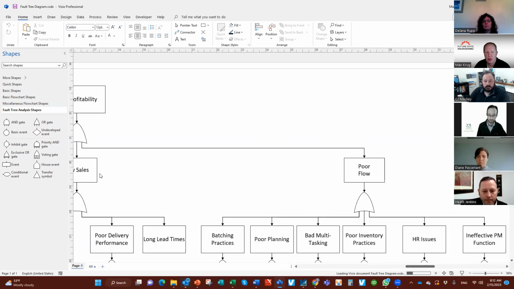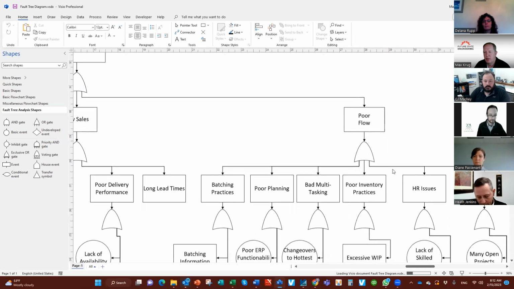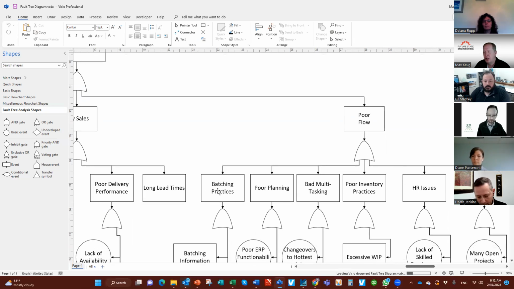When I look at poor flow, what are some of the factors that contribute to that? Well, it's our batching practices and policies. We don't have a good planning process in place. We're asking people to multitask. We have poor inventory practices. We have resource issues in terms of our employees, and we have maintenance problems.